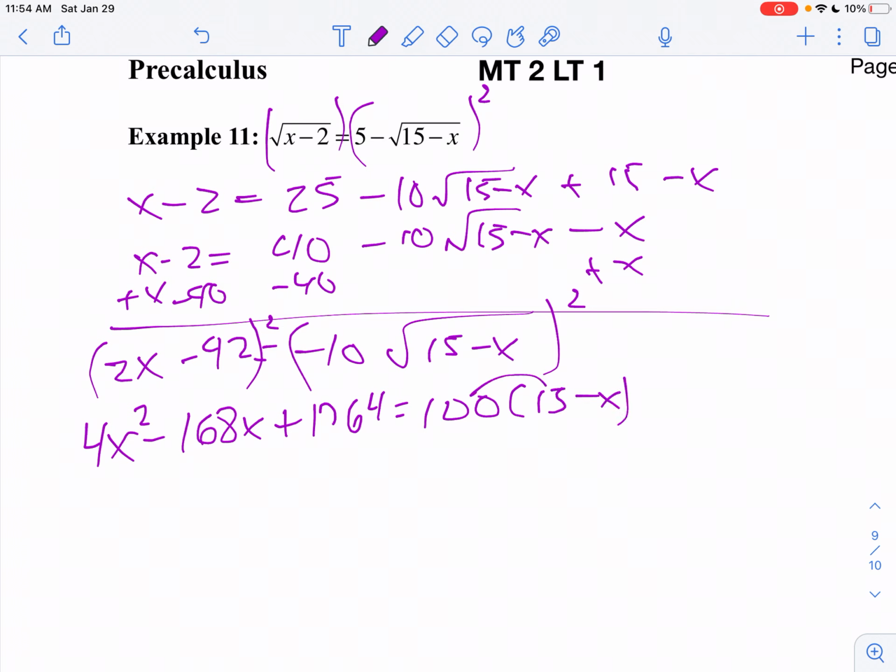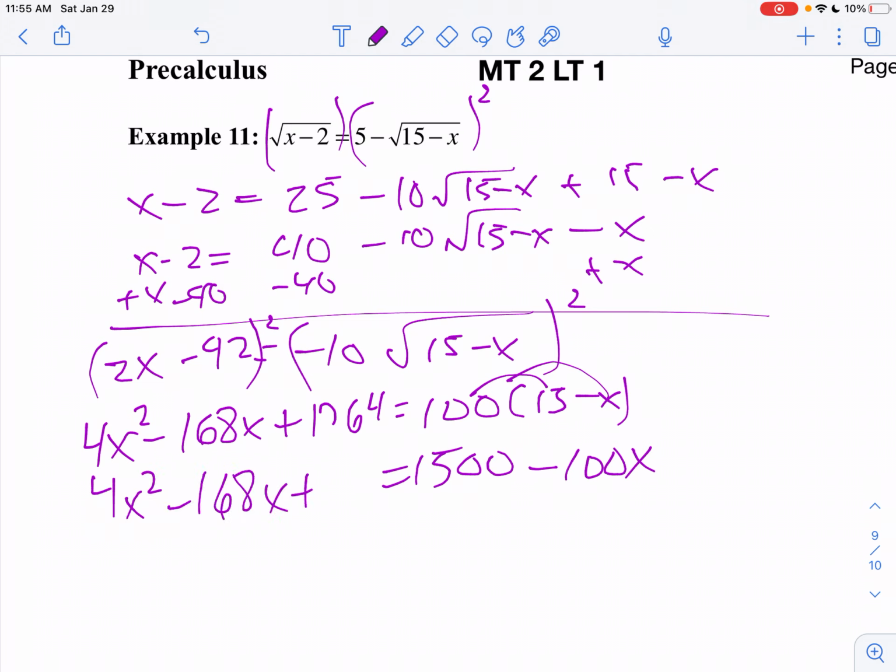Then let's distribute that 100 inside, so I get 1500 minus 100x. Well, let's make one side equal to 0. So 4x squared minus 168x plus 1764.